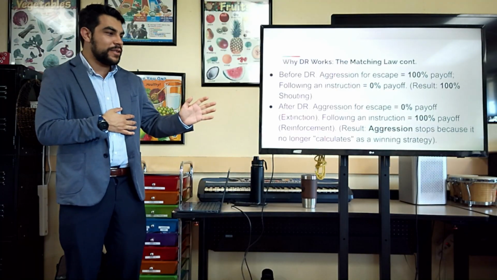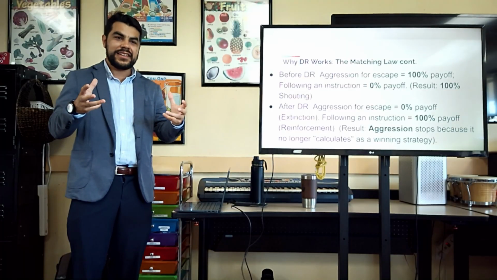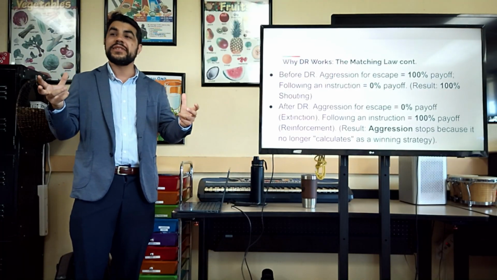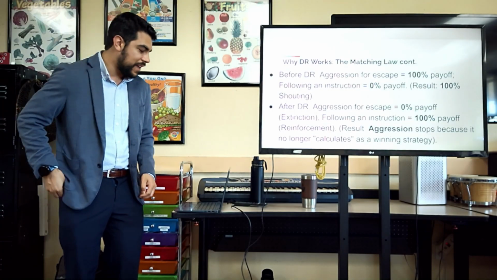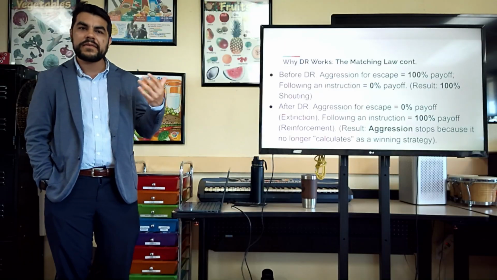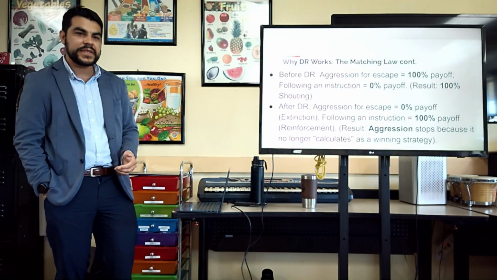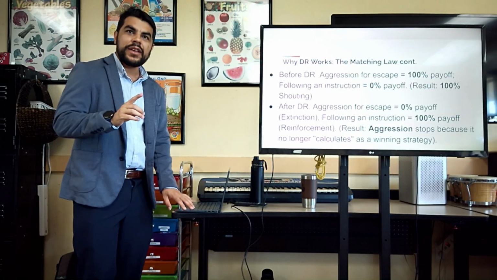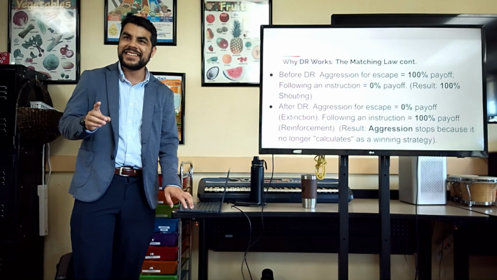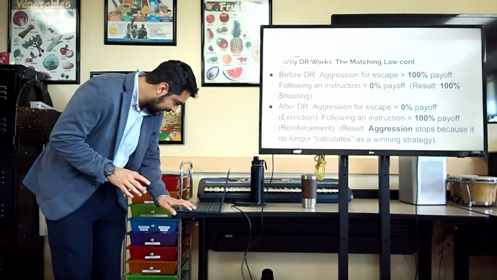Now, there are some researchers that have these long equations for the matching law to predict behavior to a T. We don't have to worry ourselves with that. It's just about being able to think of it through the lens of differential reinforcement. We are good to move on, guys? Okay. Good.